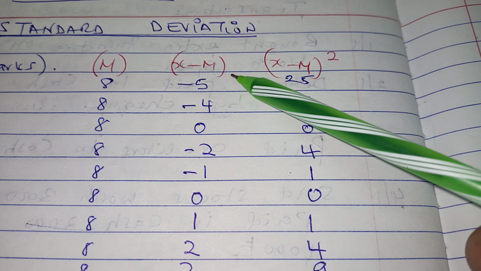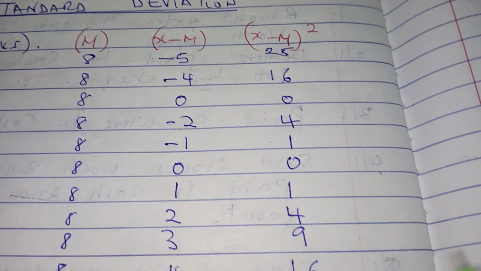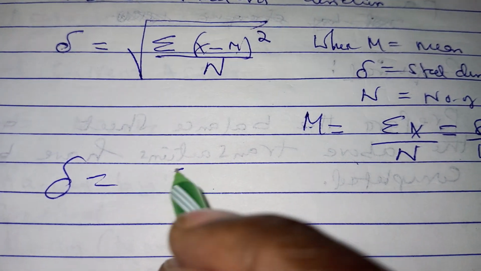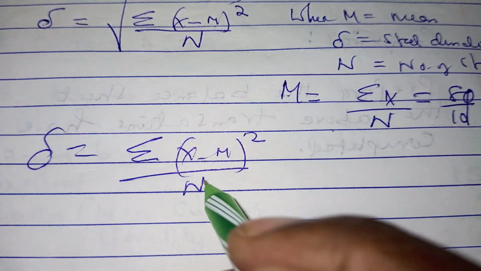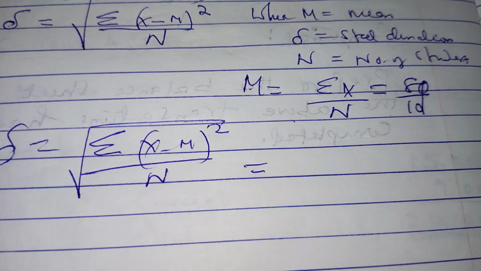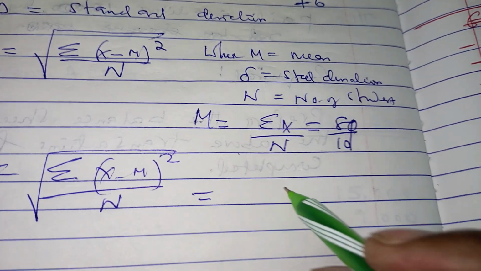The deviation is the difference between the x and the mean. Therefore, the standard deviation is given as the summation of x minus mu squared divided by n, remembering that n is 10. So we have the x minus mu squared as 76.